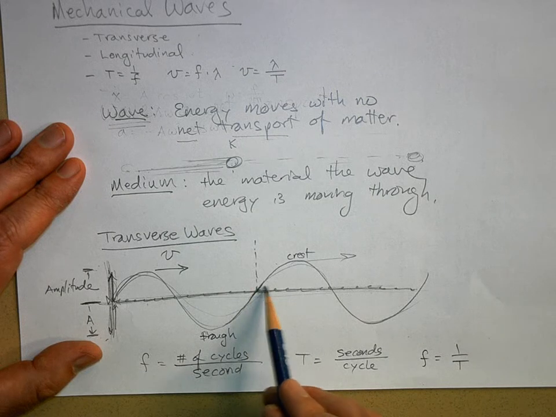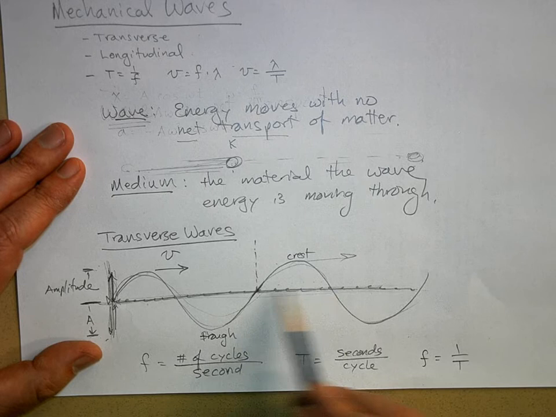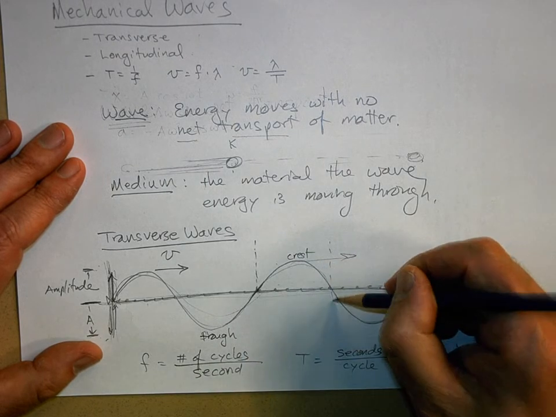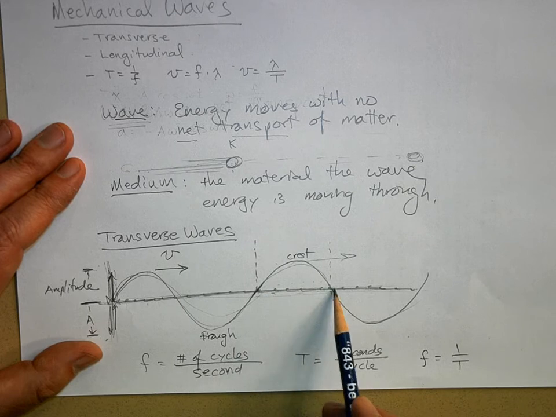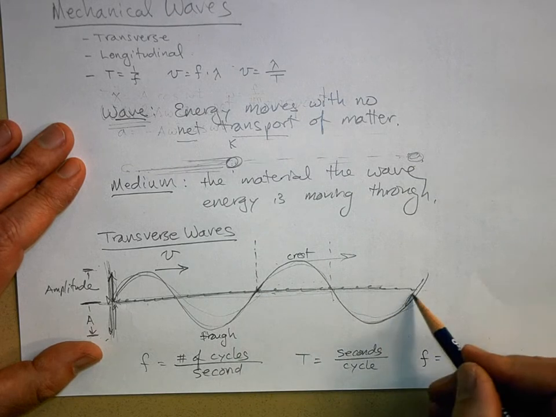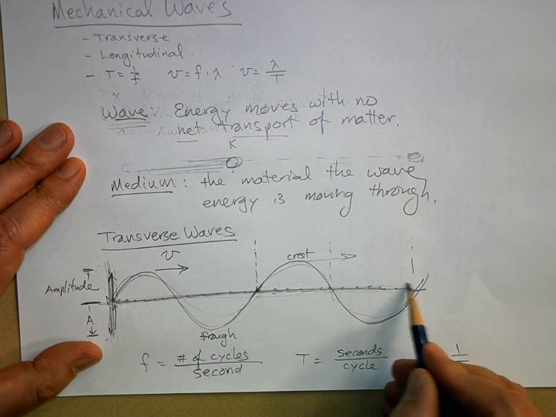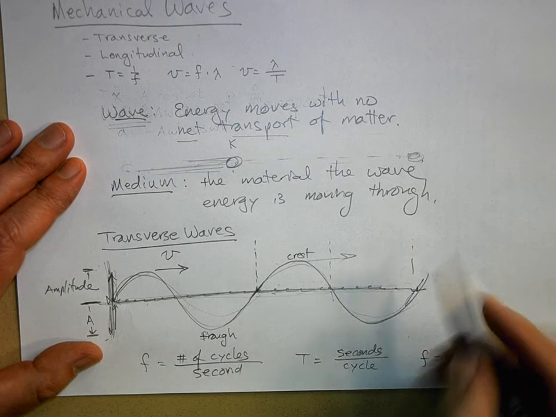But now, where does it repeat that? Does it repeat it right here? No. This is actually half a wavelength. The wavelength is the distance when it starts repeating its motion. And that would be here. See, from here to here. That would be one wavelength.